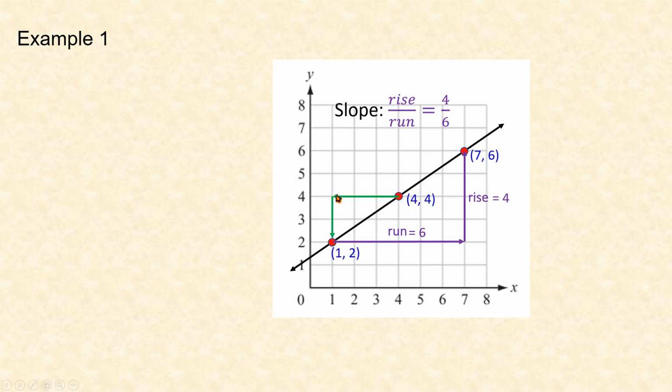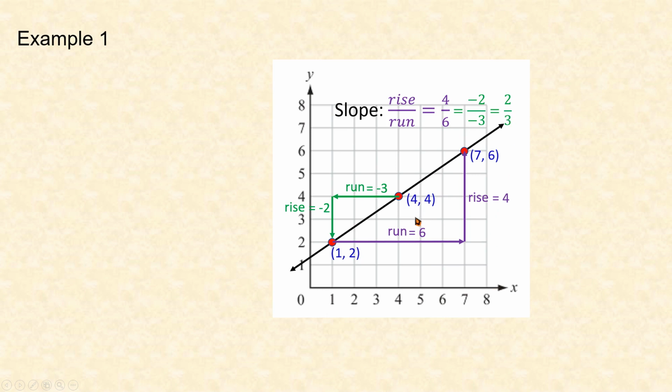So going toward the left, my run is now negative 3, because I'm going to the left, and the rise is going down, so it's negative 2. So my values come out to be rise over run is negative 2 over negative 3, which I can simplify into positive 2 over positive 3. Remember, negative divided by negative is positive. So the negatives cancel each other.